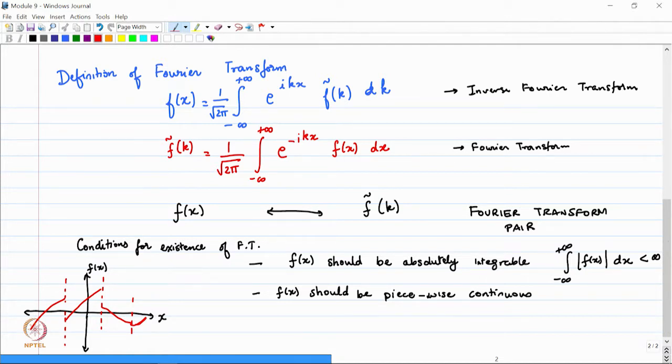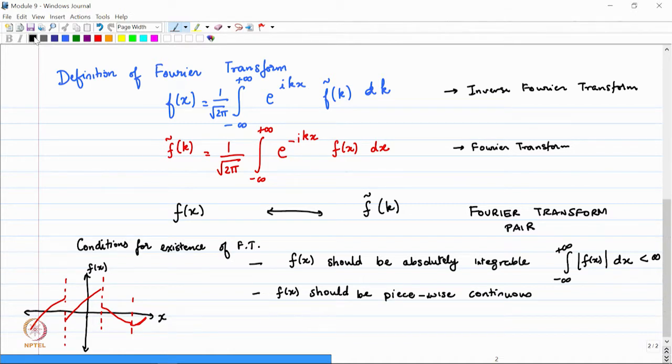So, if this integral is less than infinity, then here you are just multiplying by some quantity whose absolute value is equal to 1. So, that integral will also exist.